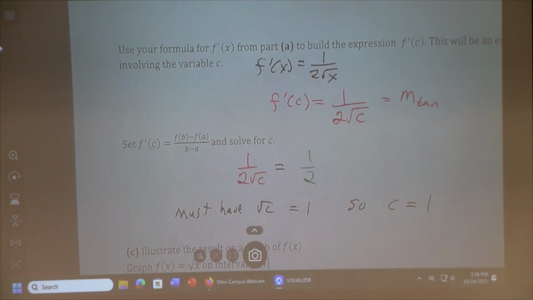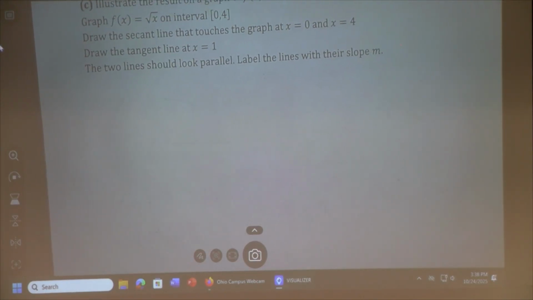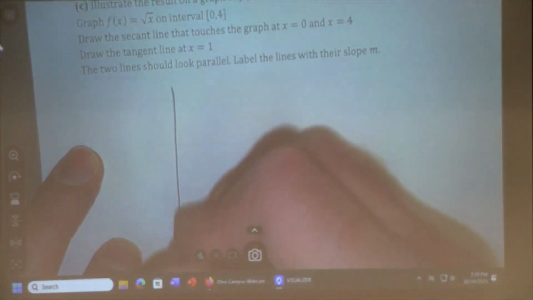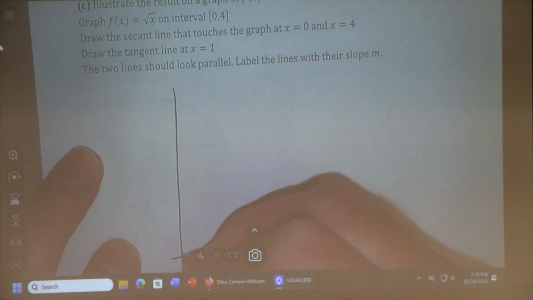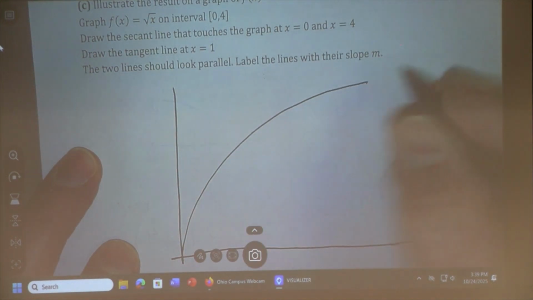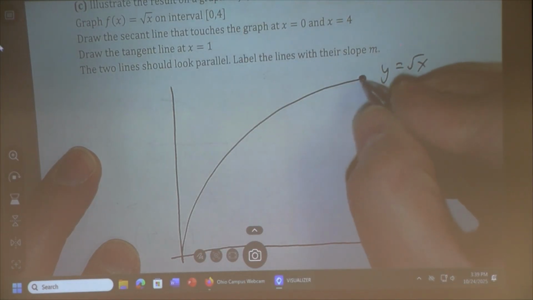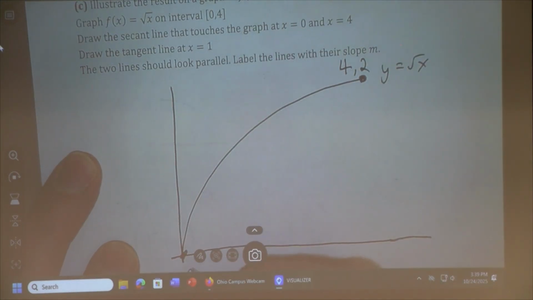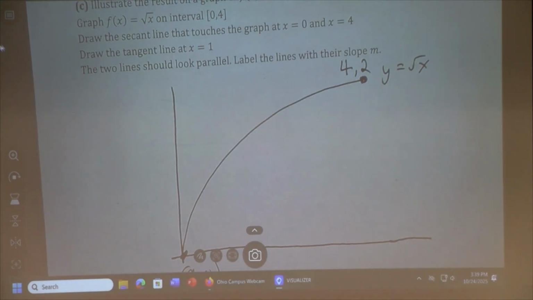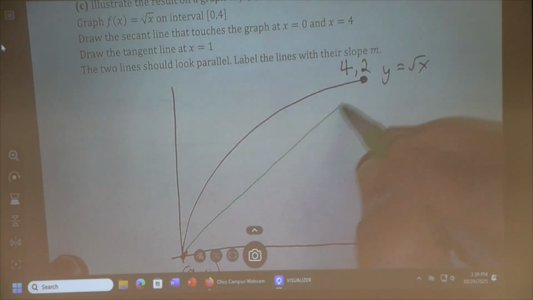And you'd be done. You could go home. But in this bizarre class, I always make you illustrate things, and then I give you quizzes, so you can't go home. But let's draw our picture. Here's our graph of y equals square root of x. It goes through the point 4, 2. It goes through the point 0, 0. So our secant line looks like this.